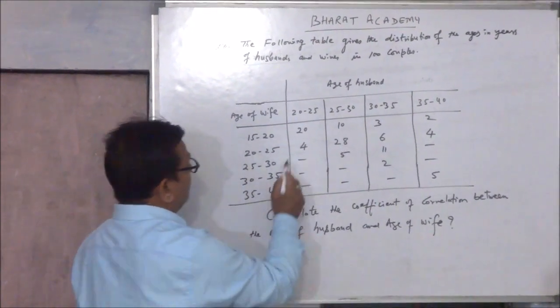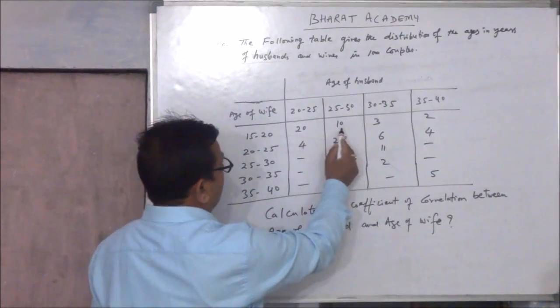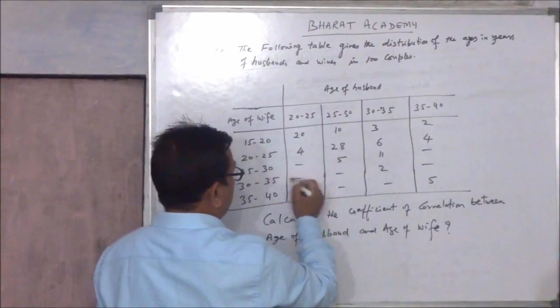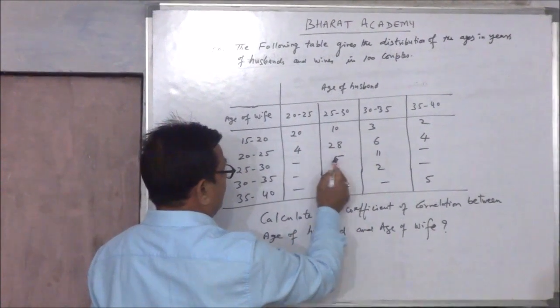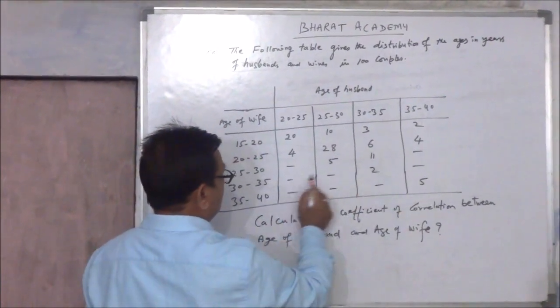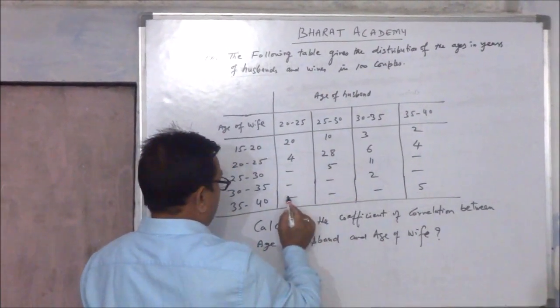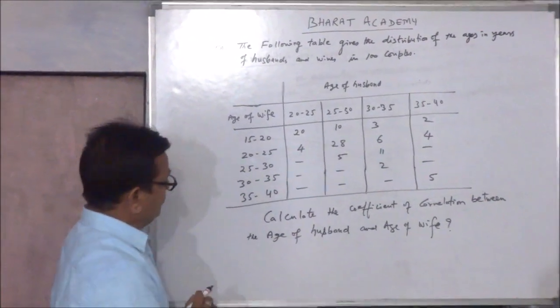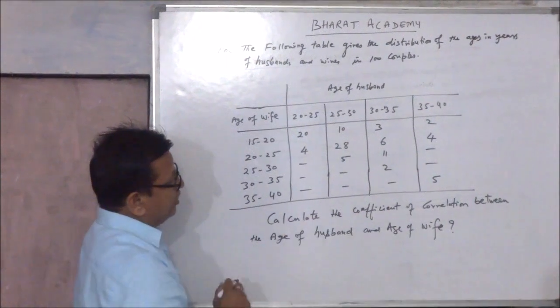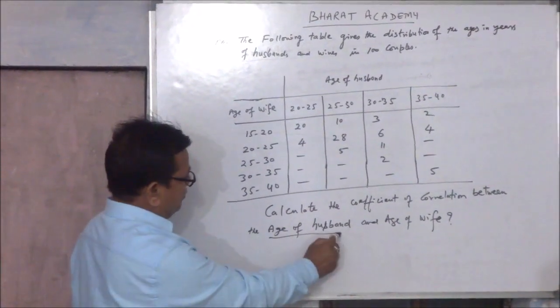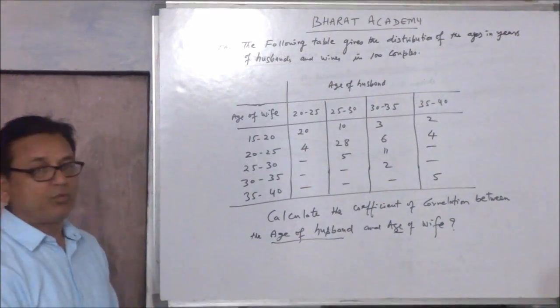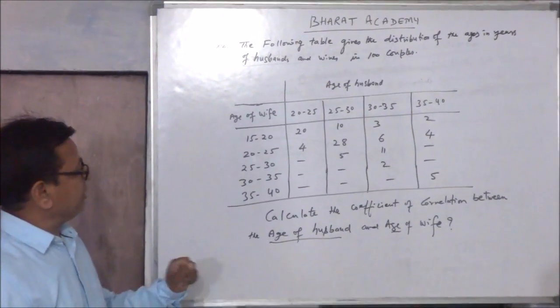And their corresponding frequencies are 20, 10, 3, 2, 4, 28, 6, 4. Dash means 0, 5, 11, 0, 0, 0, 2, 0, 0, 0, 0, 5. Dash means 0. Now, calculate the coefficient of correlation between the age of husband and age of wife.